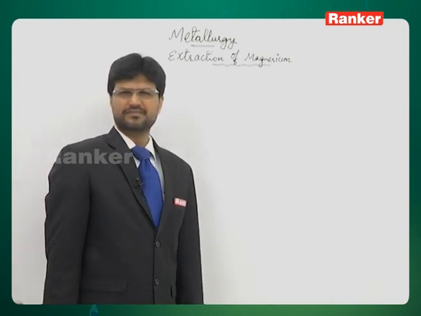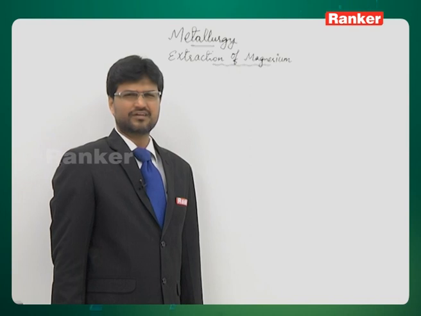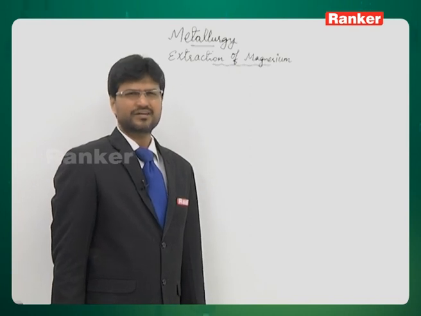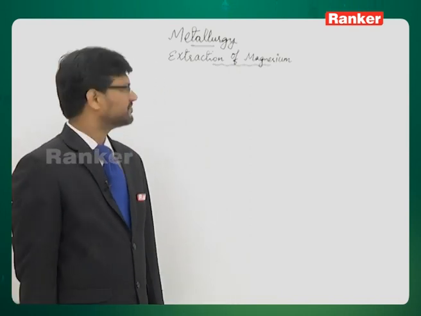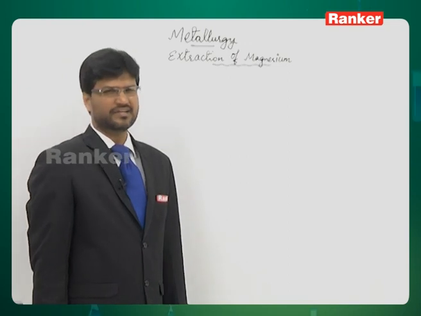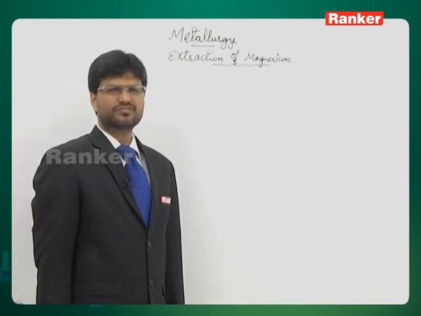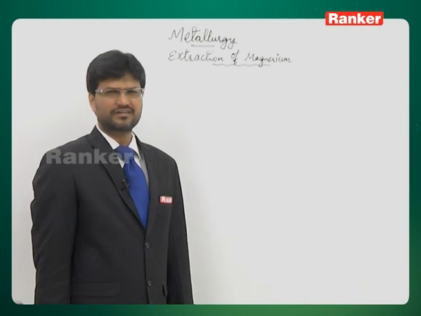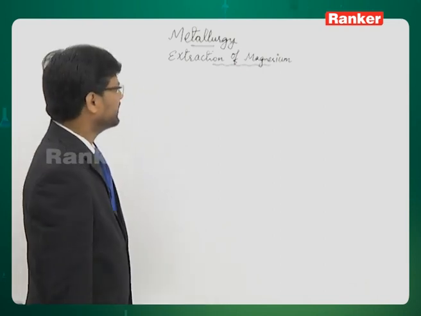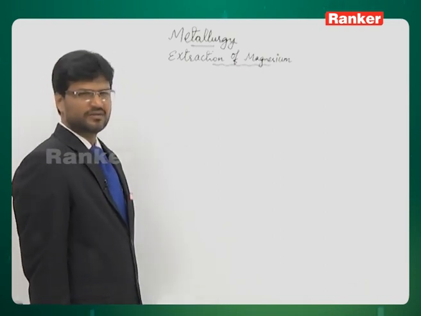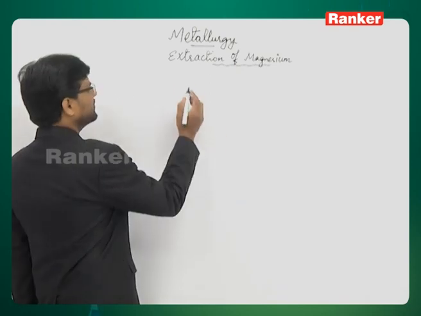Because magnesium is highly electropositive, we cannot go for carbon reduction. That will become highly expensive. So, electrometallurgy is applicable. Electrolysis of fused magnesium salt is done to extract magnesium. First of all, I will give the list of important minerals of magnesium.